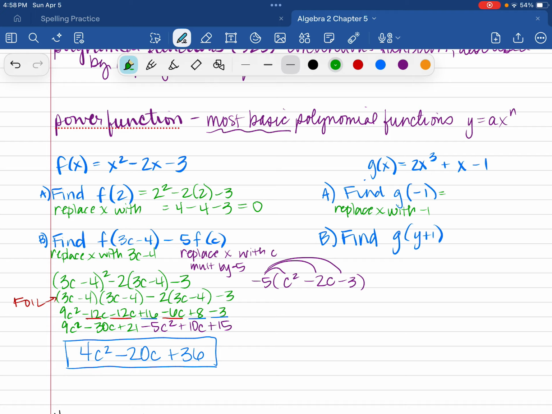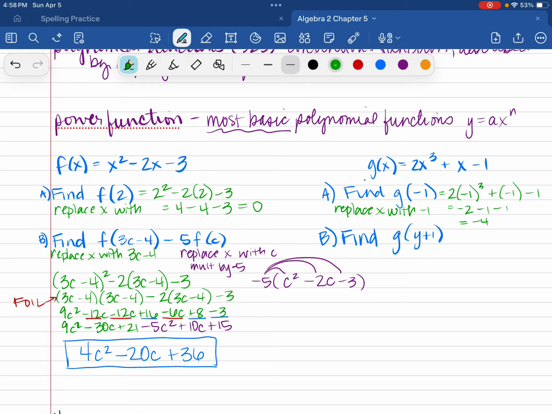So in our function, 2x cubed, we're going to do 2 times negative 1 cubed plus negative 1 minus 1. Okay, negative 1 cubed is negative 1, times 2 is negative 2. Minus 1 minus 1. Negative 2 minus 1 is negative 3. Minus 1 is negative 4.